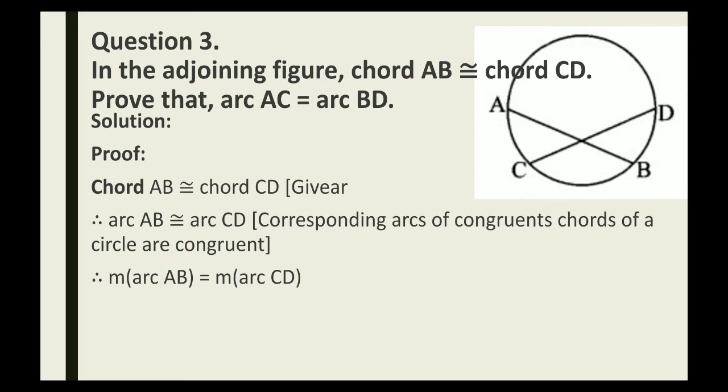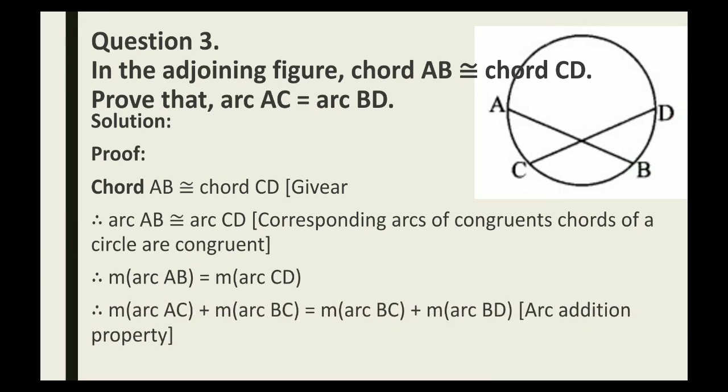measure of arc AB and measure of arc CD are congruent. We know that measure of arc AB is a formation of measure of arc AC plus measure of arc BC. In the same way, measure of arc CD is a formation of measure of arc BC and measure of arc BD.